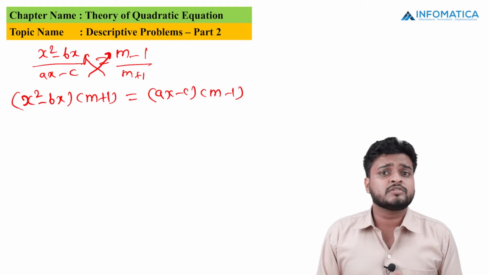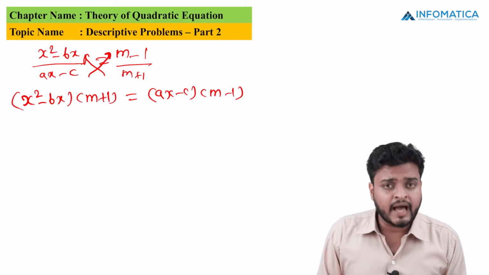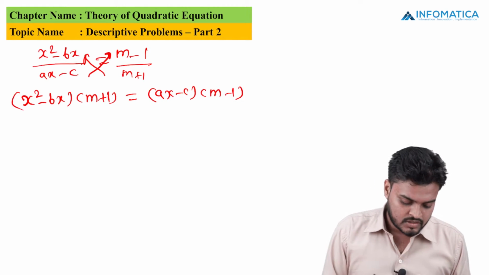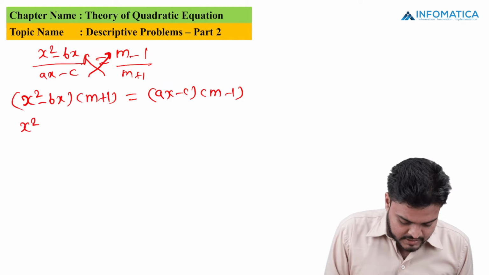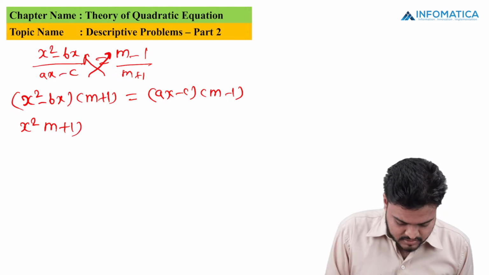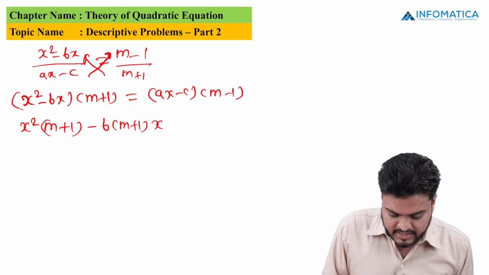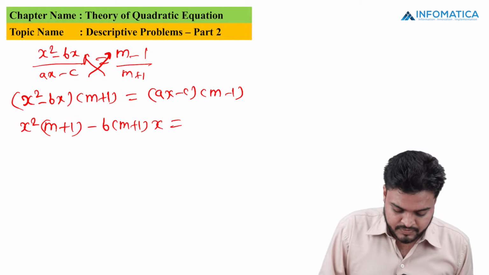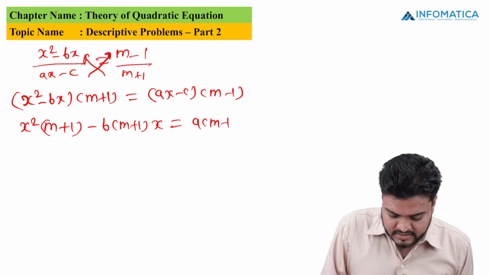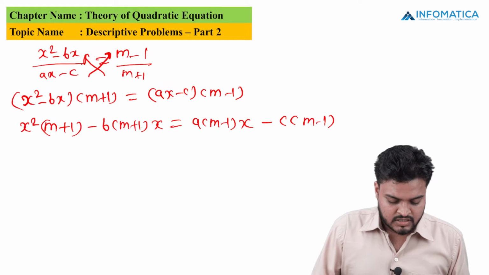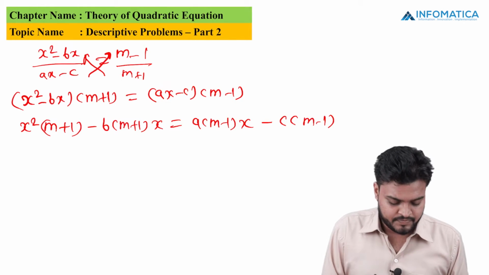If you know how to solve the equation, then definitely you have to pause this video here and solve it. Here x square into m plus 1 minus b into m plus 1 into x is equal to a into m minus 1 into x minus c into m minus 1.